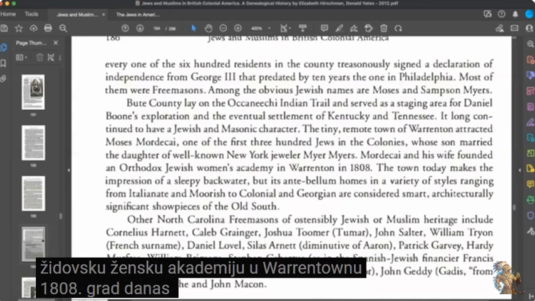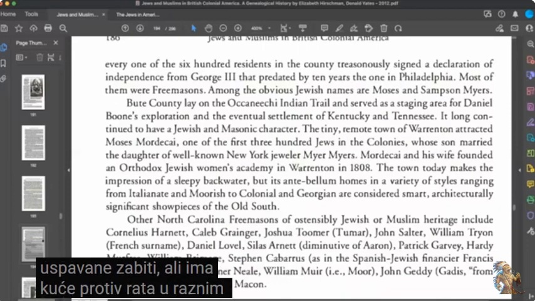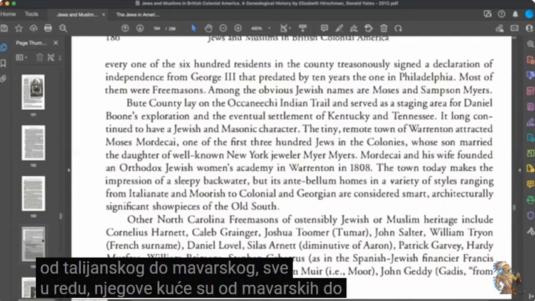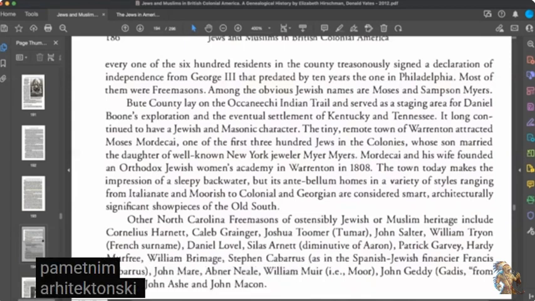The town today makes the impression of a sleepy backwater, but its antebellum homes in a variety of styles, ranging from Italianate and Moorish, all right, its homes are what, Moorish, to colonial and Georgian, are considered smart, architecturally significant showpieces of the Old South.